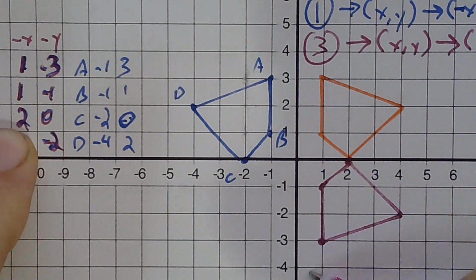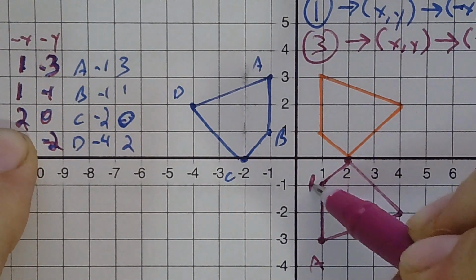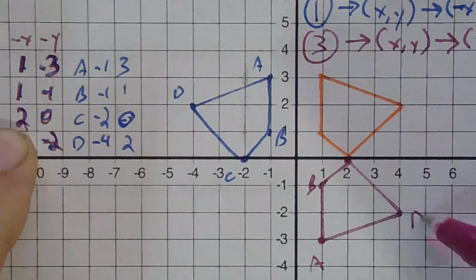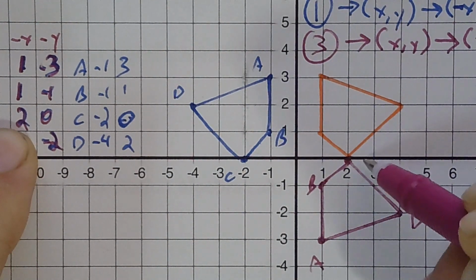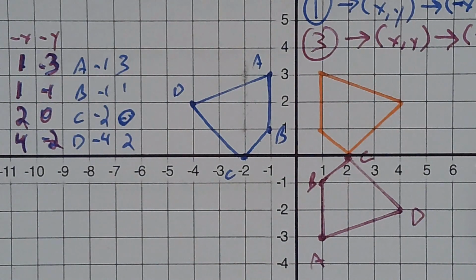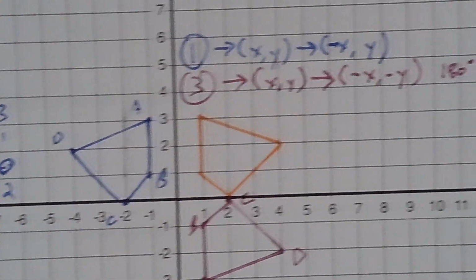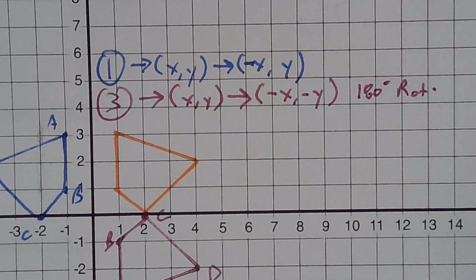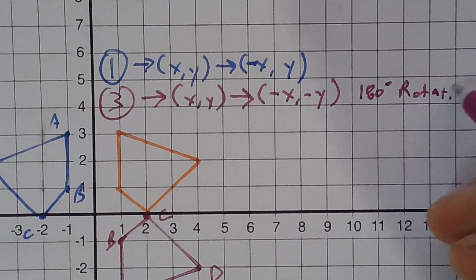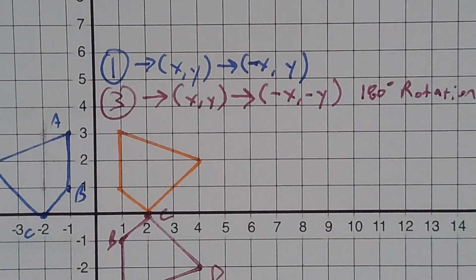This is A, this would be B, that would make that one D, and that would make this one C. Right, so that's a 180 degree rotation. So this was a 180 degree rotation right after a reflection.